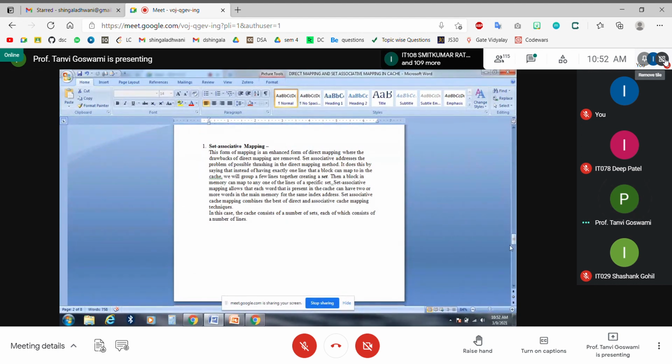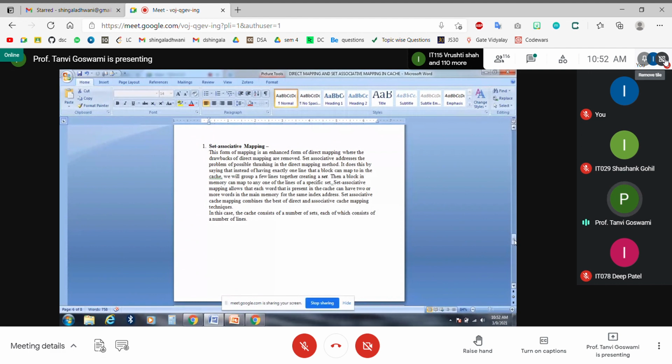How has set associative mapping been done? In set associative mapping, the cache memory is divided into sets. Let us say it is divided into two sets, and each set consists of n number of blocks. Previously, in direct mapping, a block itself was a set.